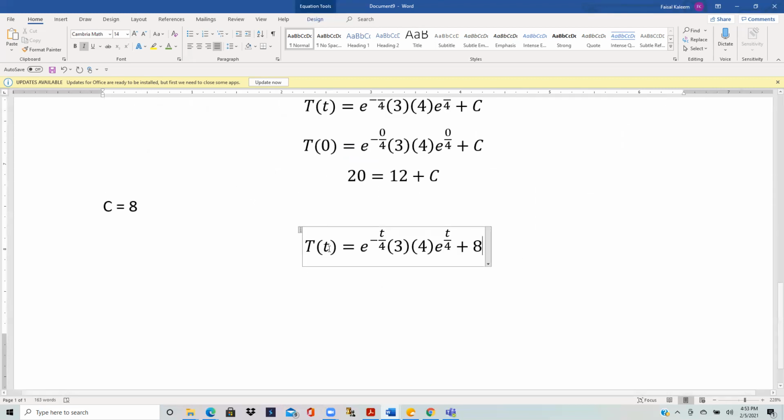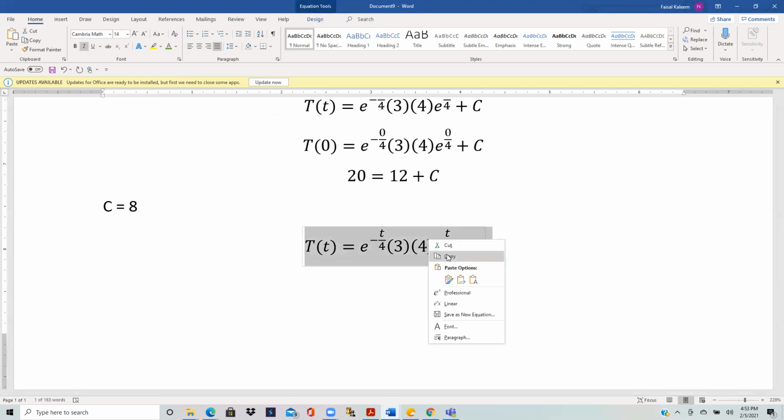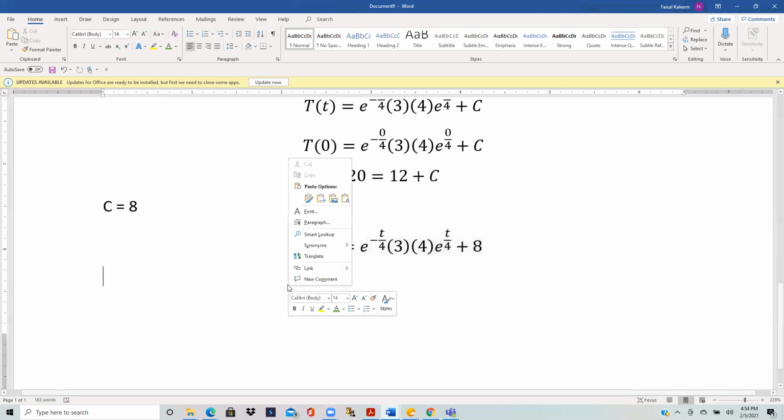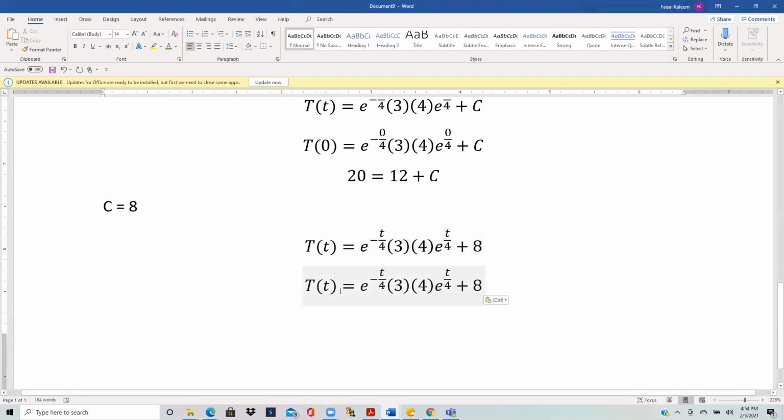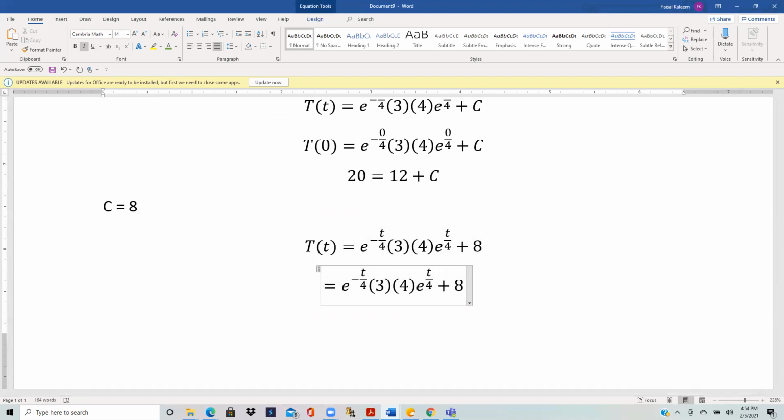So now substitute T of t equals 16 and solve for little t.